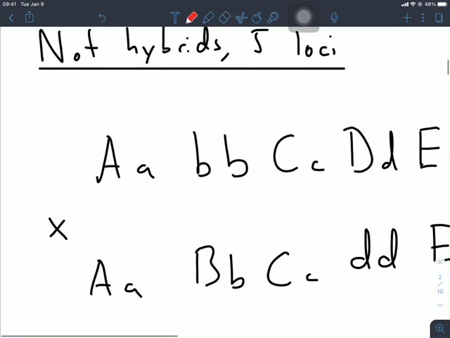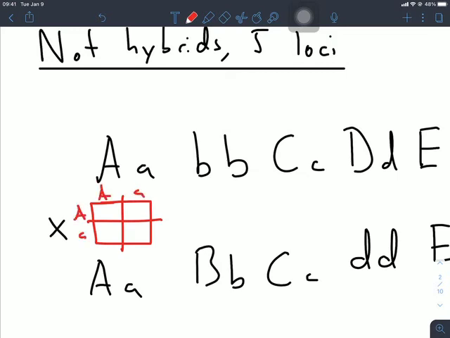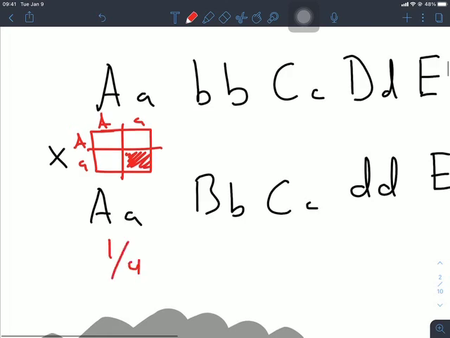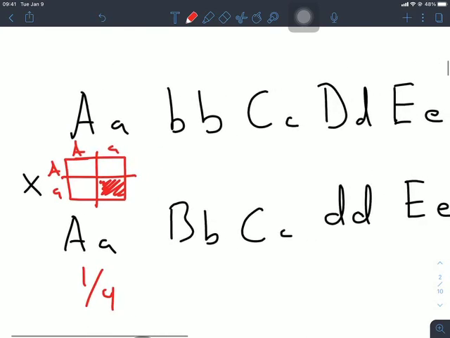Well, for that, we need to do our Punnett squares again. If I do a Punnett square where I cross these two, the capital A, lowercase a, capital A, lowercase a, how many of the genotypes are going to be lowercase, our desired genotype? Well, it's going to be 1/4. Let's do the same for all of these.